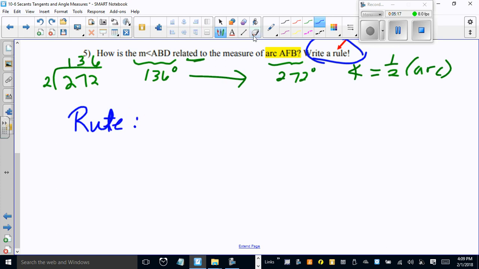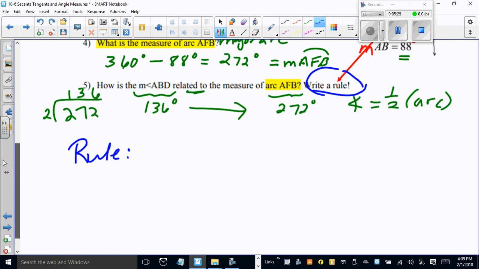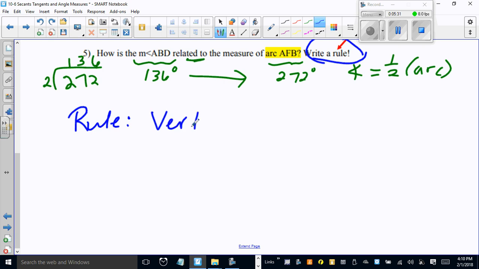sorry about that. Can't spell. Okay, now we notice that the vertex of that angle is on the circle. So if the vertex is on the circle, we know two things.